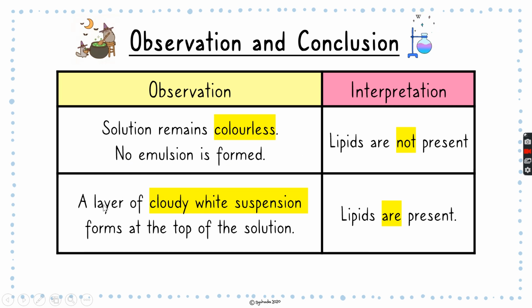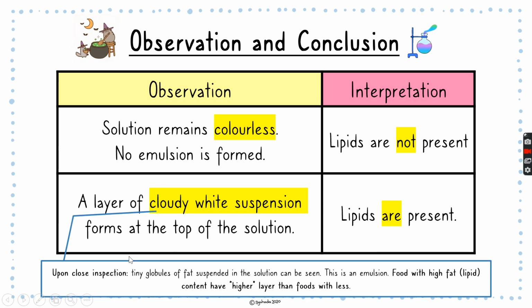But if you see a layer of cloudy white suspension that forms either at the top of the solution or throughout, then that means that lipids are present. Upon close inspection, when we are able to do this experiment, there are actually tiny globules of fat suspended in the solution that can be seen. This is why we call it an emulsion.